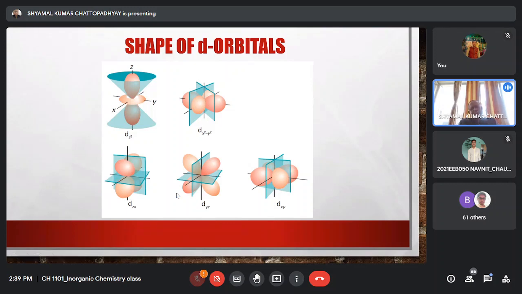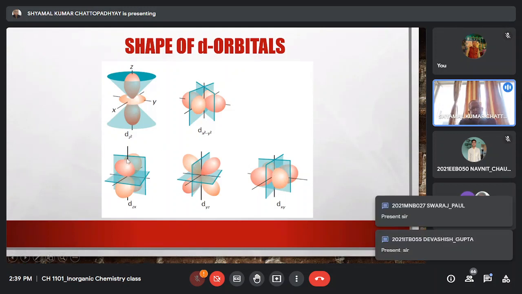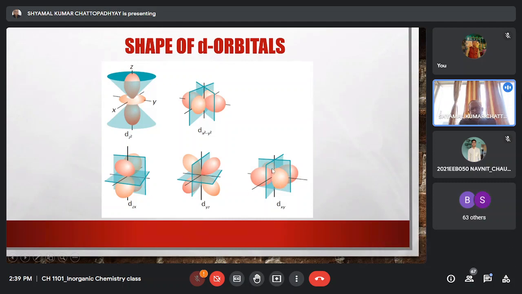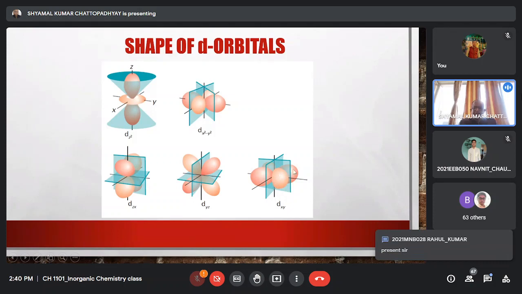the symmetries of the d orbitals. So if you look here, dxy, dxz, dyz, and dx square minus y square, all of them contain 4 lobes. As you can see, this is your x-axis, this is your y-axis, this is your z-axis. So dxy is actually in the xy plane, and the 4 lobes are in between the x-axis and y-axis.